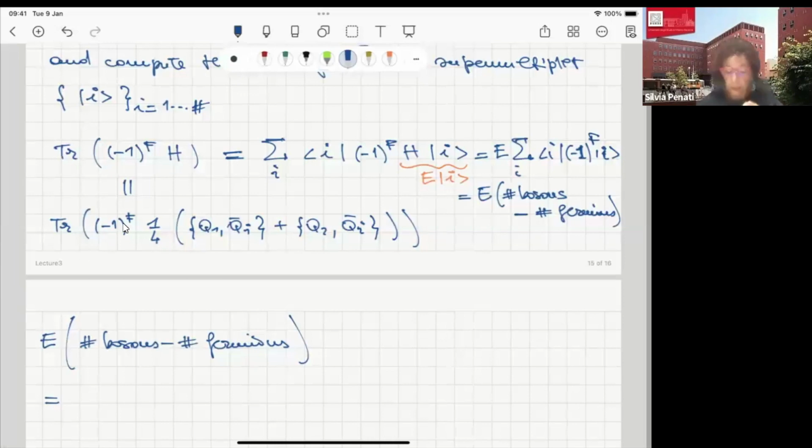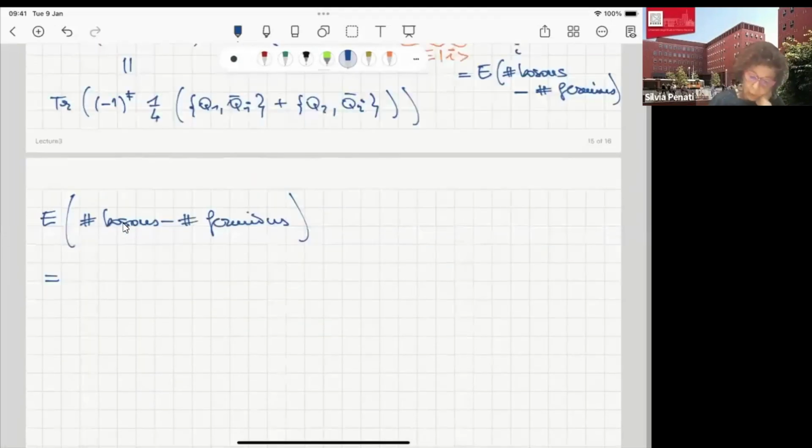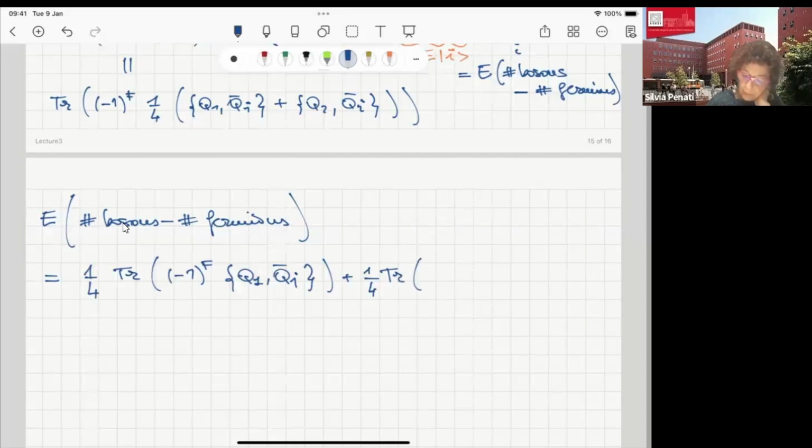So this is equal to 1/4 the trace of (-1)^F Q1 Q̄1 dot plus 1/4 the trace of (-1)^F Q2 Q̄2 dot.